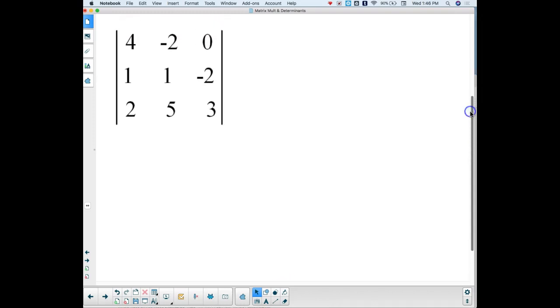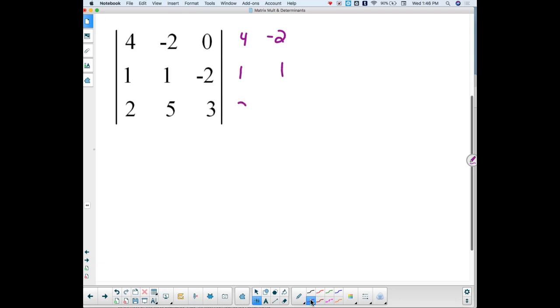Another way by hand, and this is the way that you would probably do it if you had to do it by hand, is to copy down the first 2 columns.